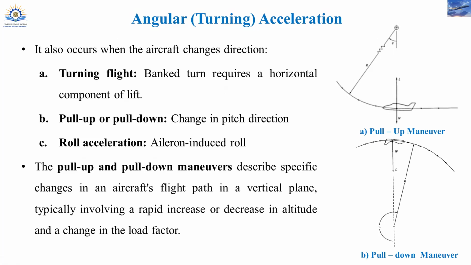But in pull up and pull down, our plane of turn is here. Aircraft move like this, go up, and like that. So level turn and pull up and pull down turn are completely different. So you have to differentiate them. Okay?